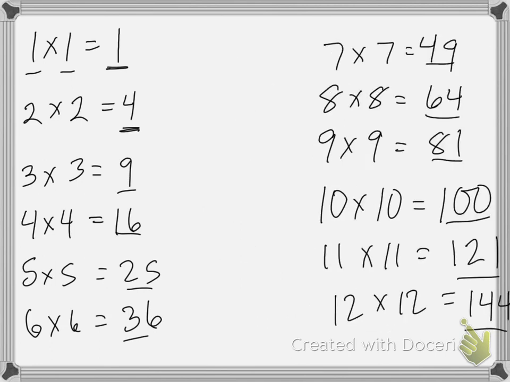Now, mathematicians have a shorter way of writing that they want to multiply a number times itself. Instead of writing 3 times 3, they write 3 squared. Okay? So this little raised number here is called an exponent.